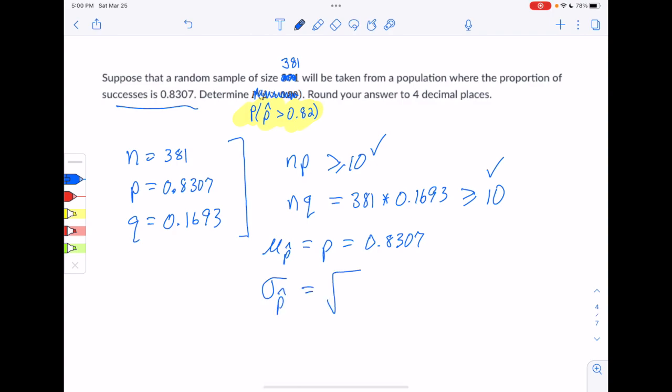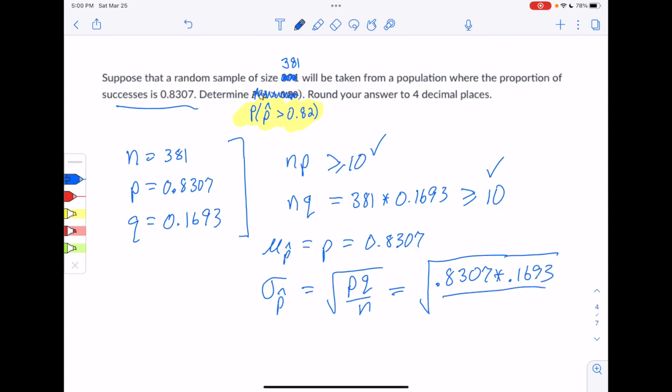That's equal to the square root of p times q over n. So that would be the square root of 0.8307 times 0.1693 divided by our sample size, 381. That's a little bit messy, so we'll go to the calculator, get our answer, and round it to 5 significant figures.